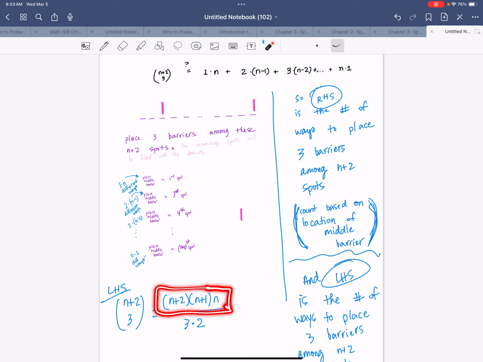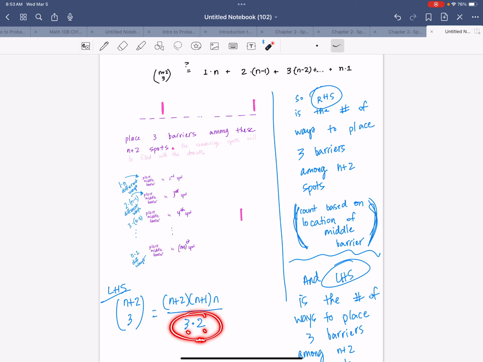I am counting the number of different ways to place the 1, 2, 3, assuming that the order in which I place them matters, right? So I'm placing this one first, then the middle one second, then the last one third.